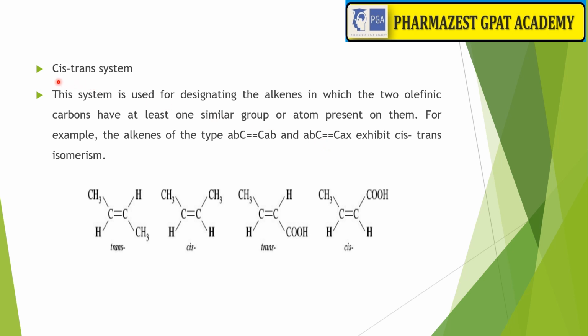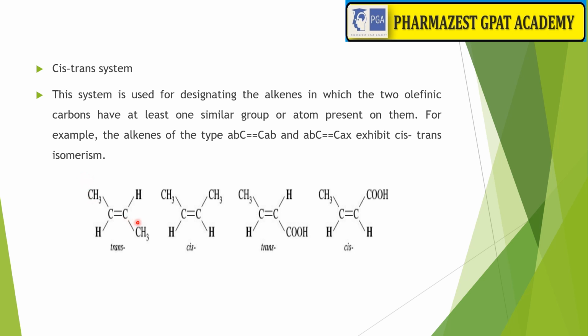So for such cases, cis and trans are used. If the identical atoms are present on the same side of the plane, then it is known as cis. If the identical atoms are present on the opposite sides of the plane, it is known as trans.